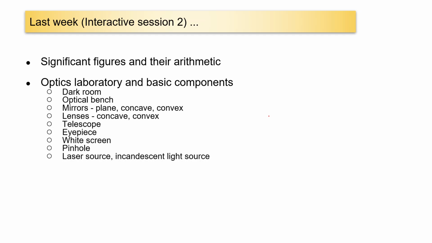Since this second module will be covering mostly optics based experiments and some quantum mechanics based experiments as well, last time we started by talking about the basic optics tools that we find in an optical lab.